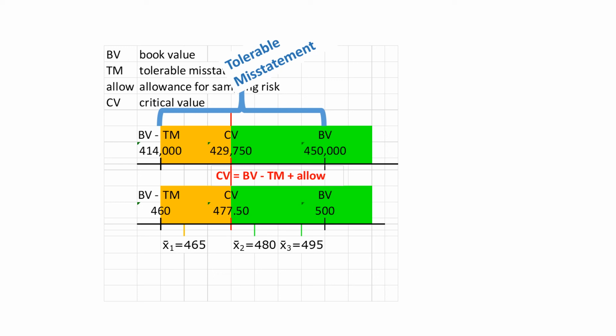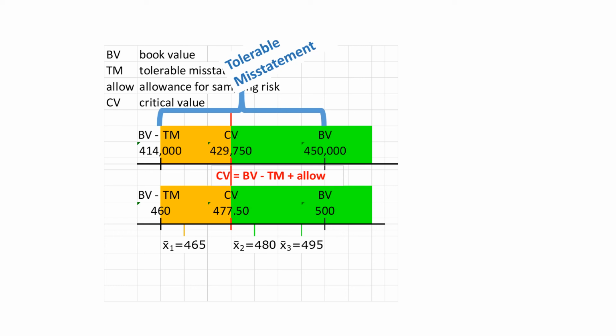As the sample mean gets further and further from the average book value, that's another way of saying that the projected misstatement gets larger and larger.